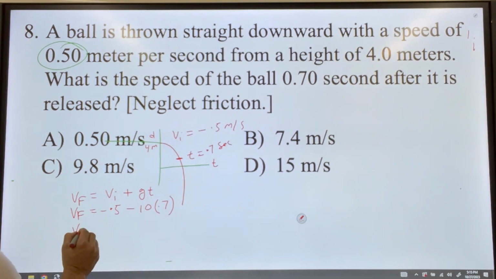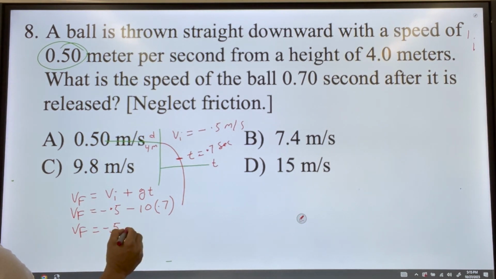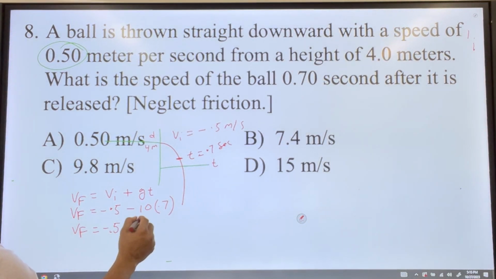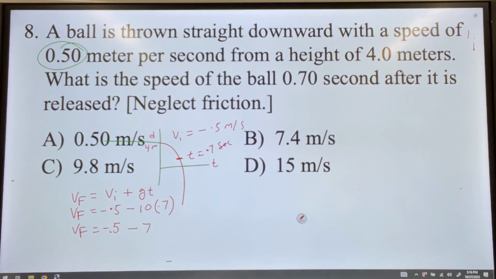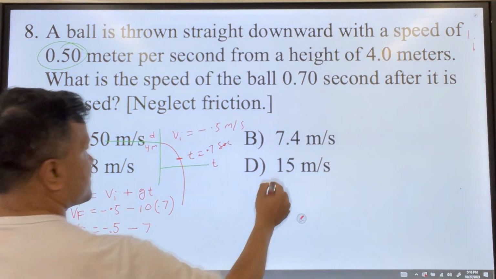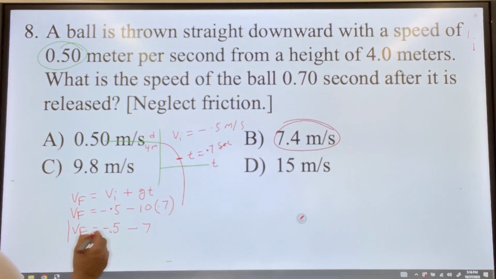So you have 10 times 0.7, that is 7, so you have 7 plus 0.5, and that is 7.5, right? So this is the answer, because you try to take the speed.